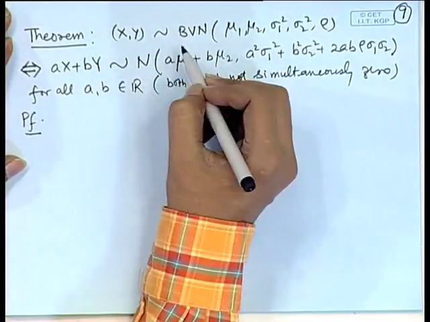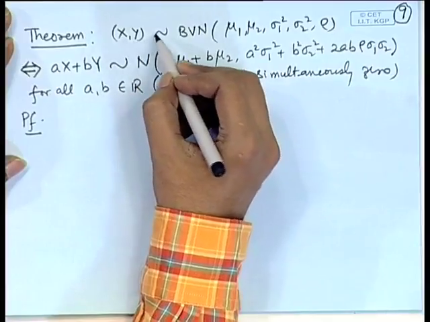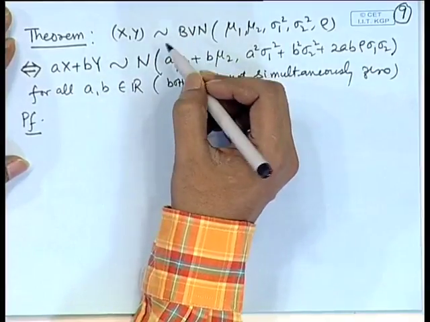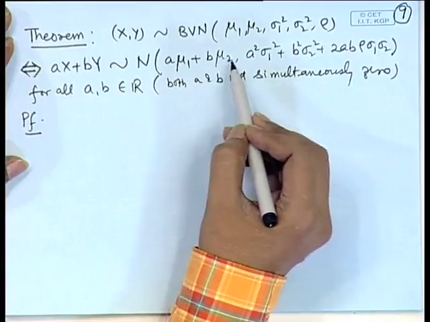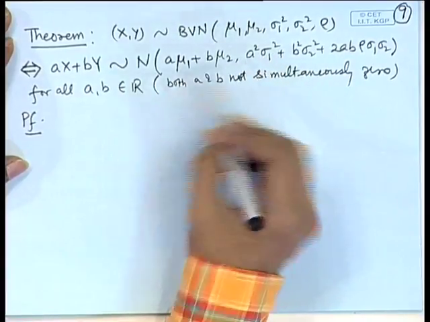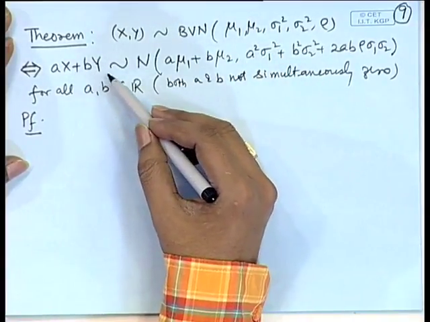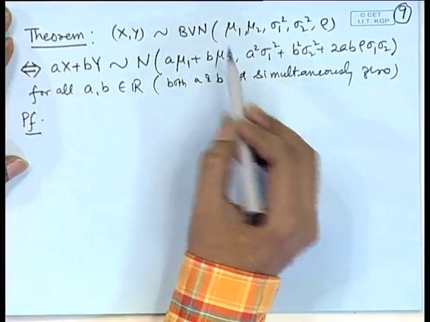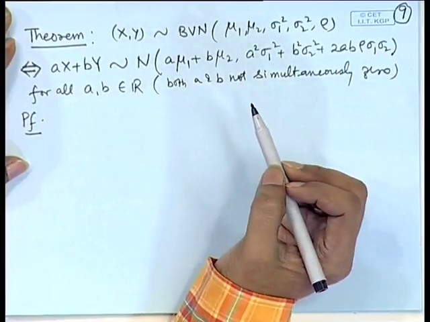This is a very strong property, because it says that given that the joint distribution is bivariate normal, any linear combination will be univariate normal. Conversely, given every linear combination is a univariate normal, the joint distribution will be bivariate normal.